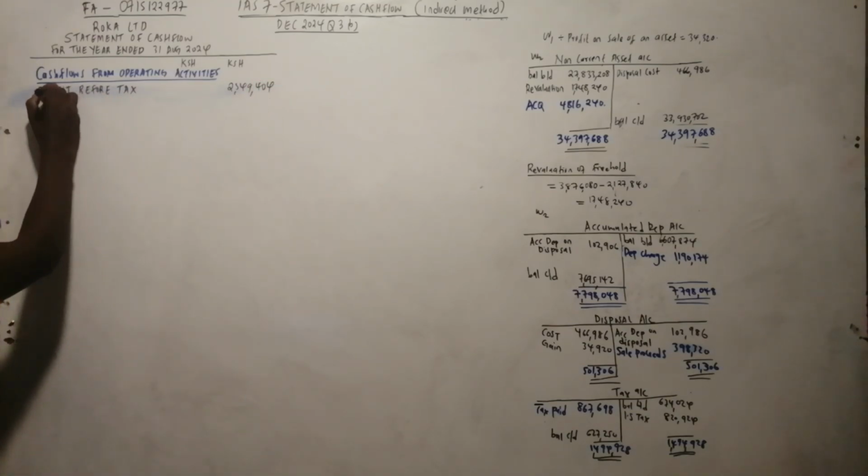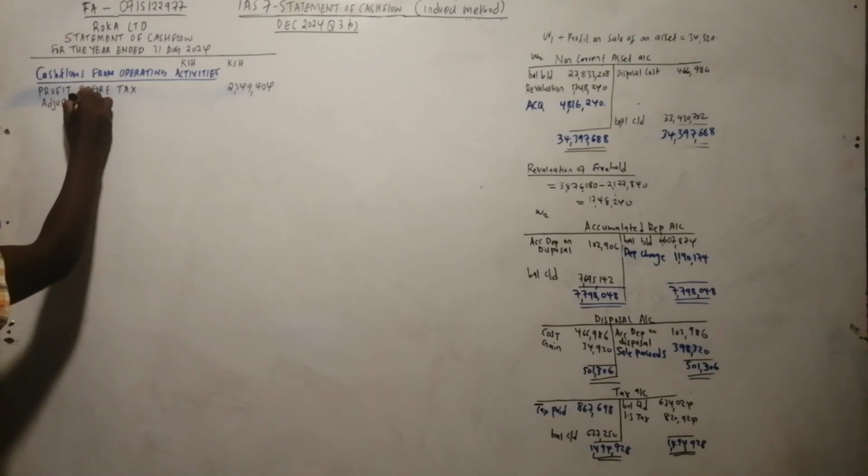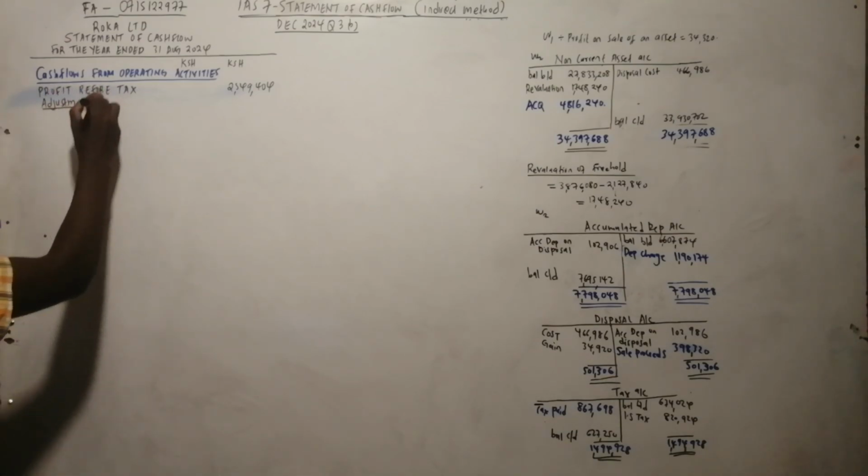Then you do adjustments. The first adjustment we are supposed to check is on the income statement. Let us go to our income statement.